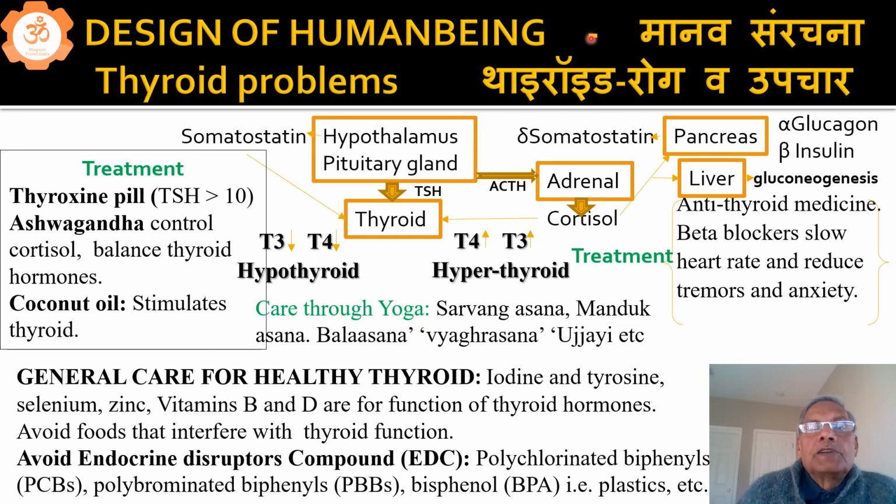So we should try to avoid all these items, and also the pesticide DDT we should try to avoid, and other things. We should avoid packaged food. If you see the container of the packaged food, they are coated with such items which are harmful for the thyroid, that disturb our thyroid.